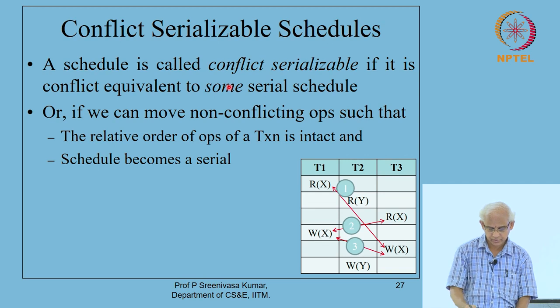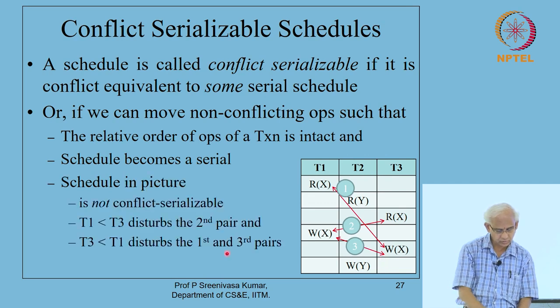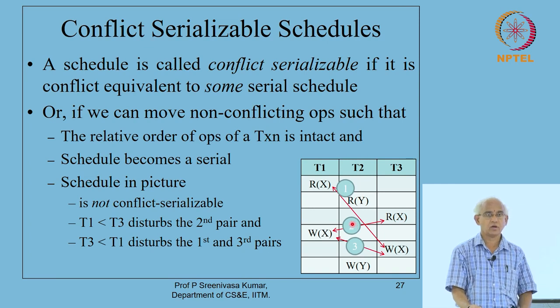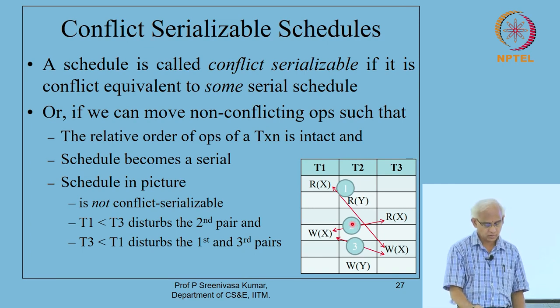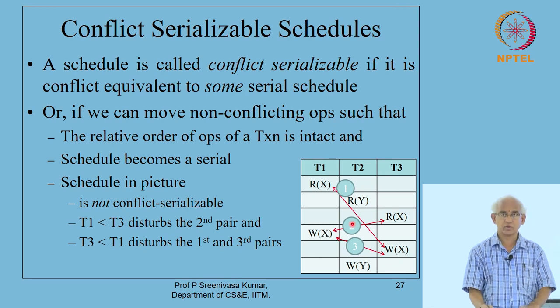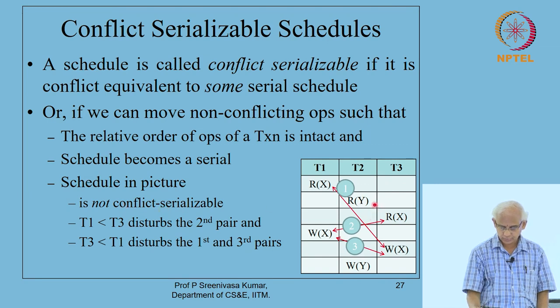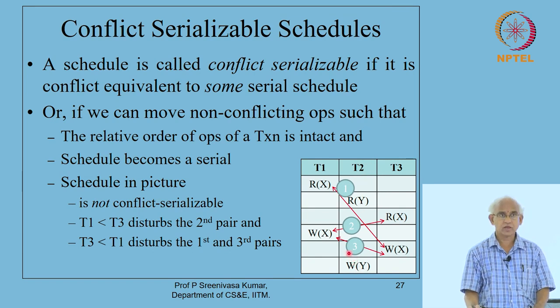Okay, so let us take this schedule in the picture. It is definitely not conflict serializable. So the question we are asking is whether this particular schedule is conflict equivalent to some serial schedule.